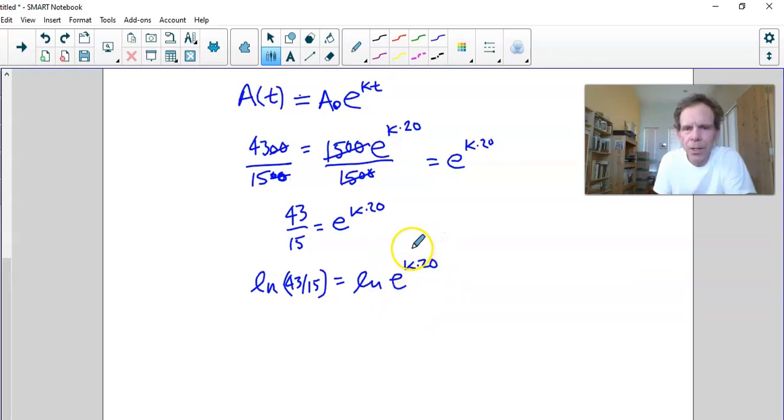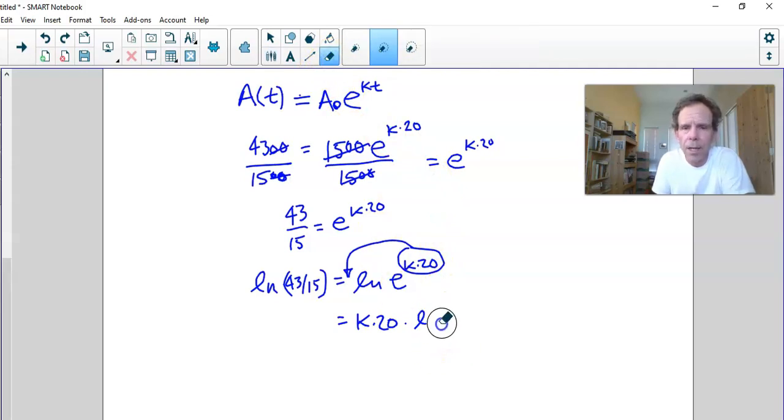The beauty of this is this power is going to come out by the power rule for logarithms and become a coefficient in front. So we'll get k times 20 times log base e, I should write it, ln of e.